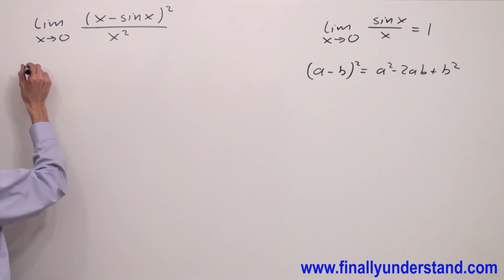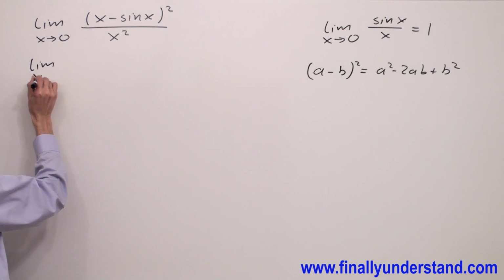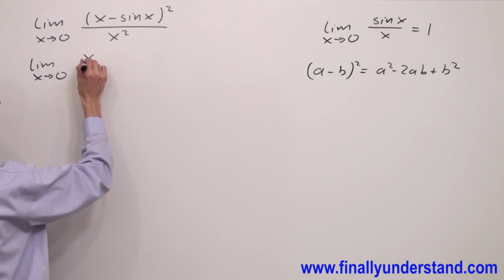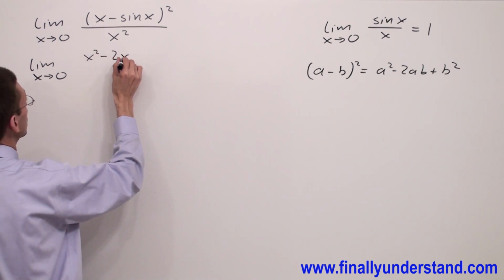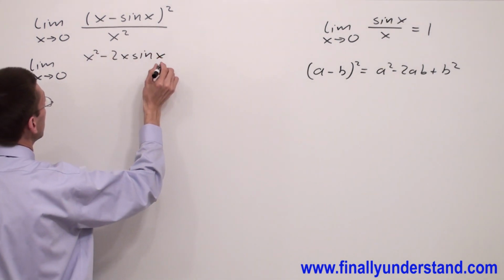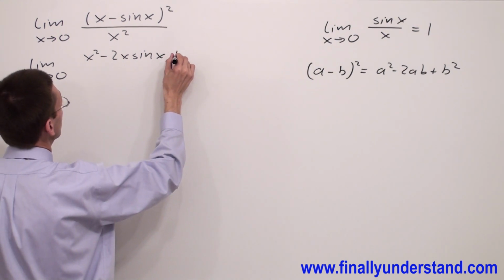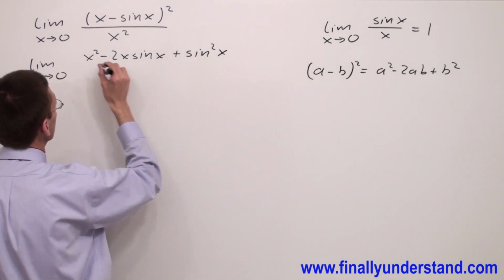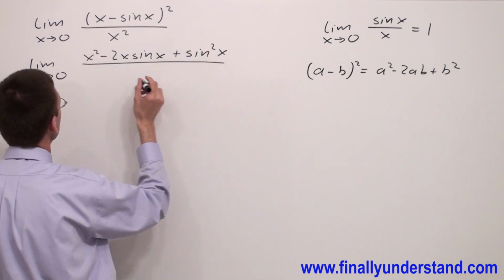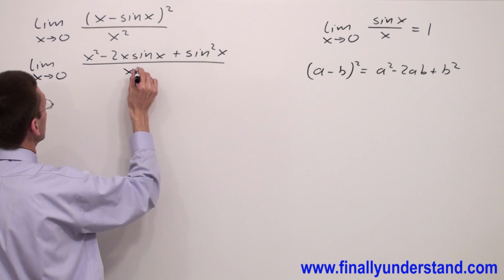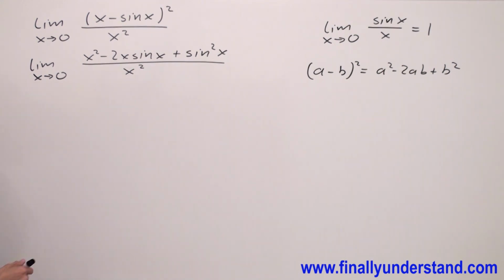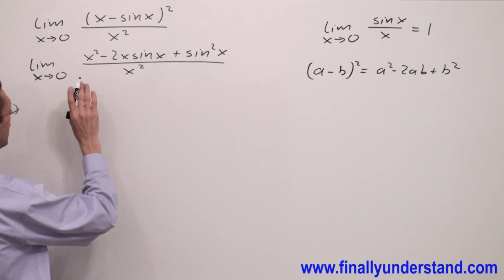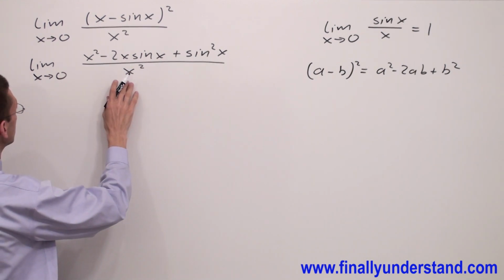So I'm going to rewrite this as the limit as x approaches 0, and in the numerator I'm going to have x squared minus 2x sine x plus sine squared x over x squared. Next, please notice that we can divide the numerator by the denominator.